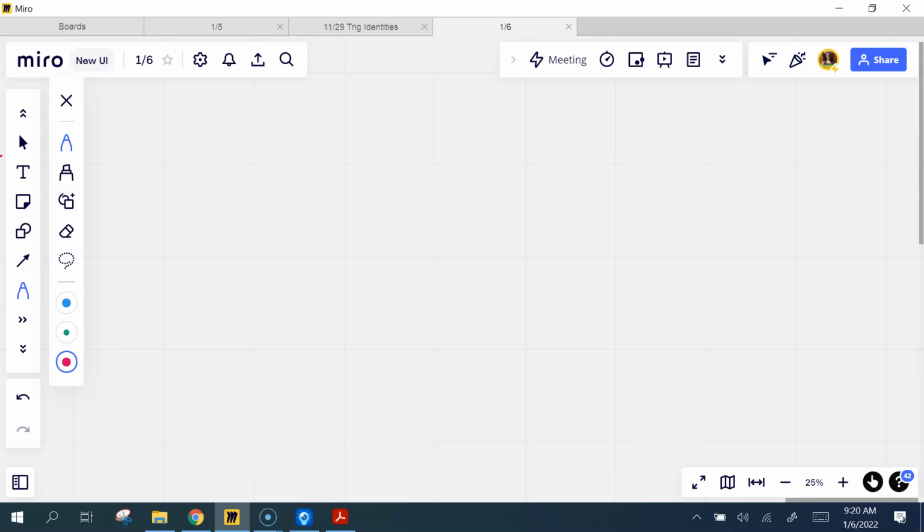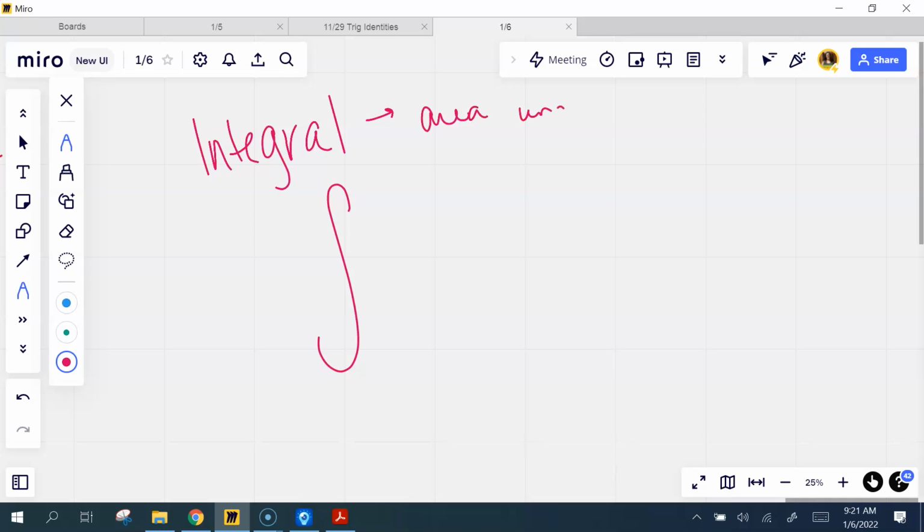What's an integral, you ask? All right, y'all ready? I don't think I've showed you this before. Remember, we're still talking about area under the curve.